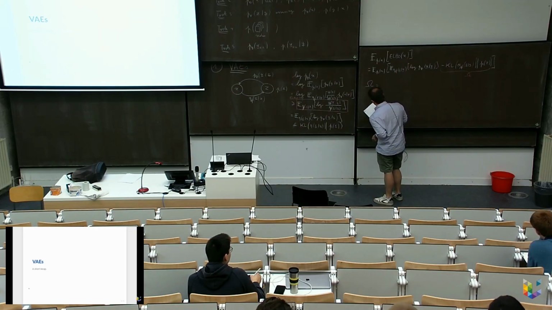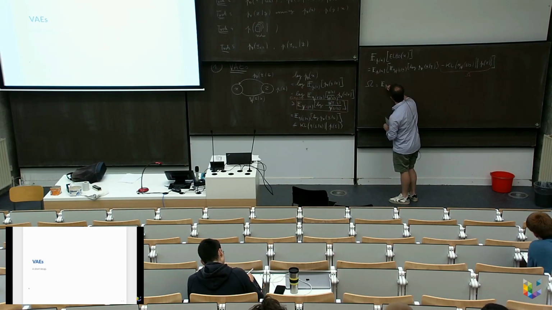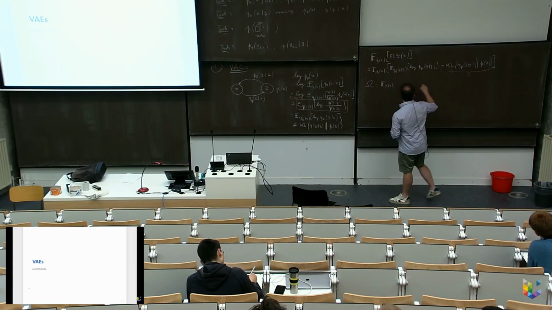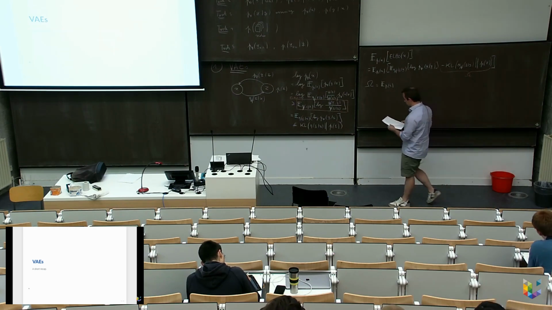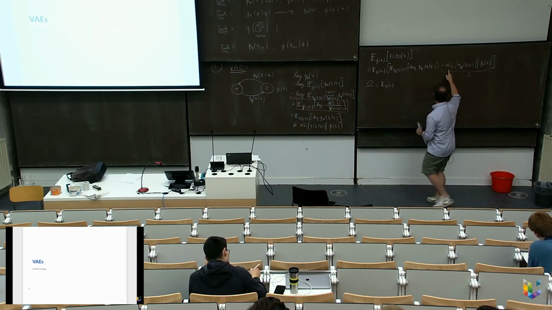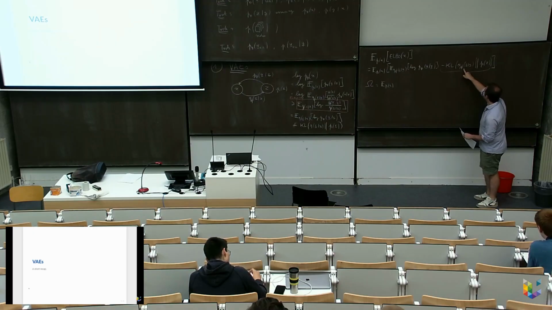So omega is equal to the expectation over p of x of minus this KL divergence. The KL divergence can itself be rewritten as an expectation over Q of the log of the ratio of the two.